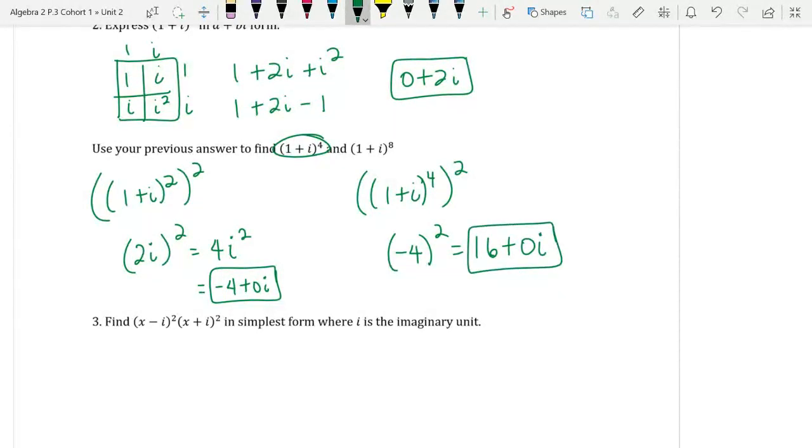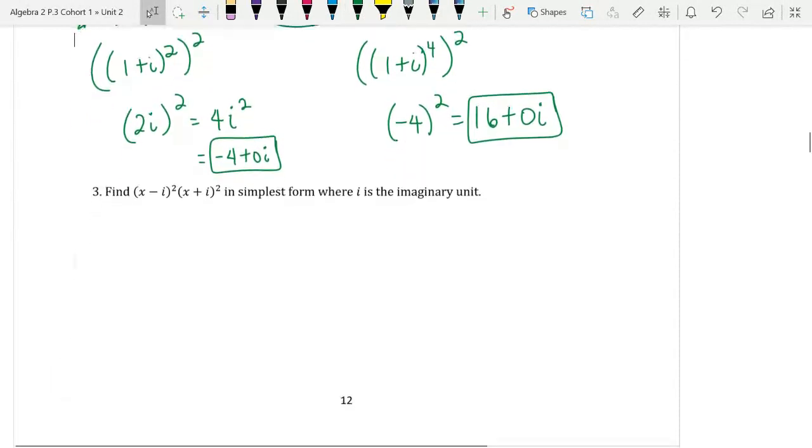That's just how we can do these kind of exponent problems a little bit more efficiently. I wouldn't want to multiply 1 plus i times itself 8 times. That would be a whole bunch of algebra. The other thing is you can always use your calculator to check it and make sure you did it right. All right, let's try another one.